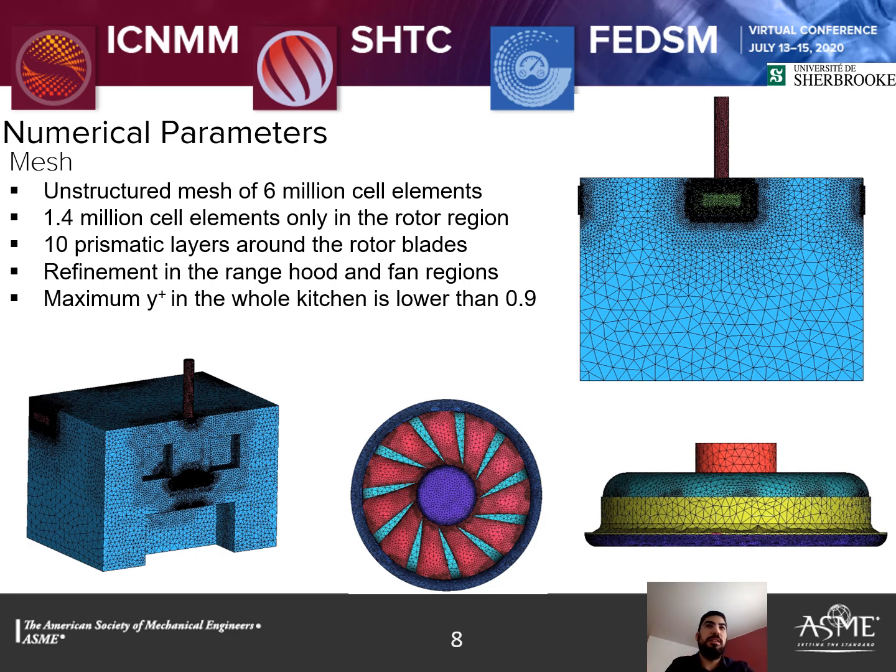We have 10 prismatic layers around the rotor blades, and we have refinement in the range hood, the stove regions, and the fan regions. And also the maximum y+ at the kitchen walls is lower than 0.9 in order to ensure the low Reynolds approach.